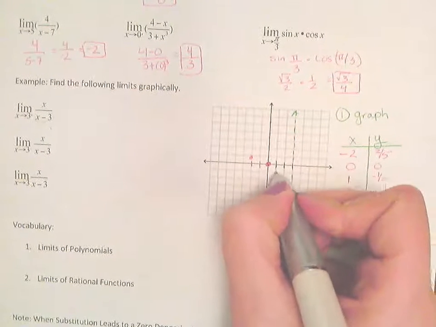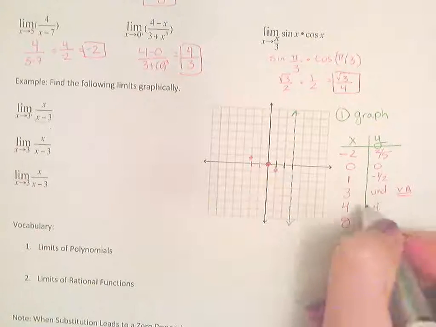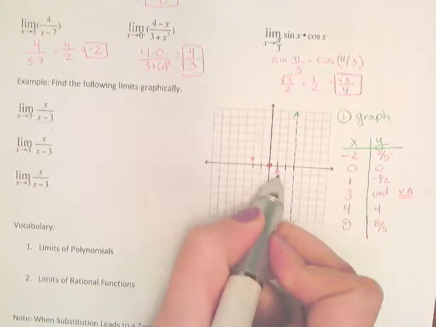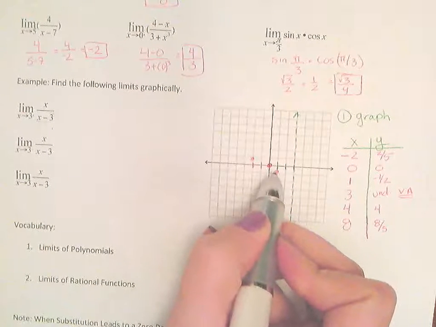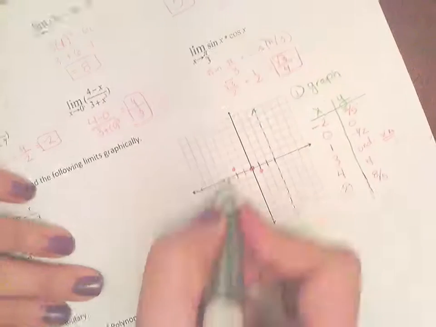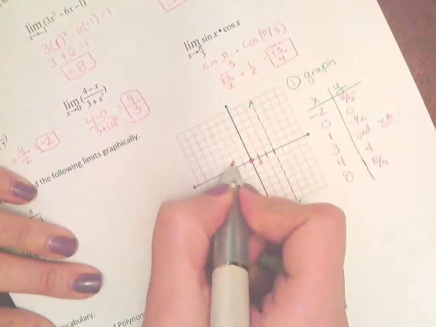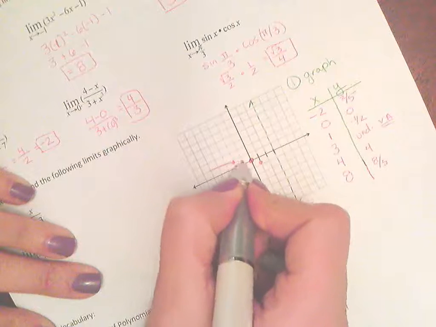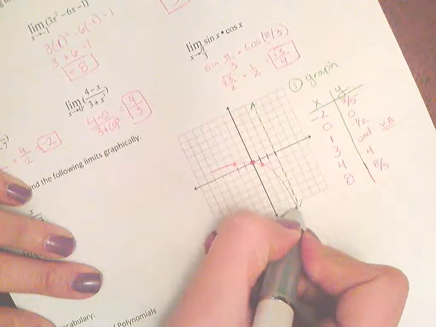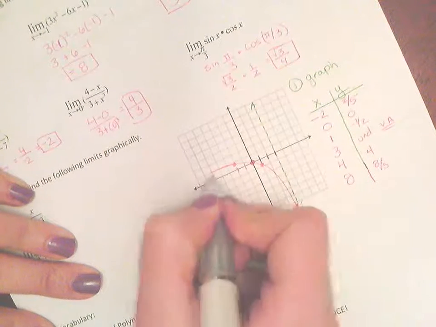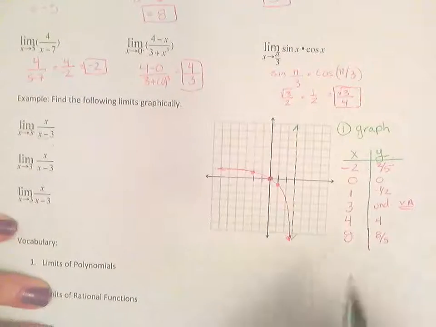At 1 I'm at -1/2, and I kind of can see, you know, this is a rational function, so I know that it's doing one of these. So here's one of my branches approaching the asymptote. Okay, and then I'm going to keep going.